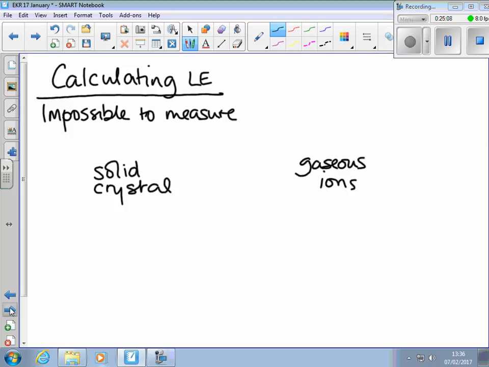And you've got that option or that option, and you can't measure either of them. So either of those, you can't do it.